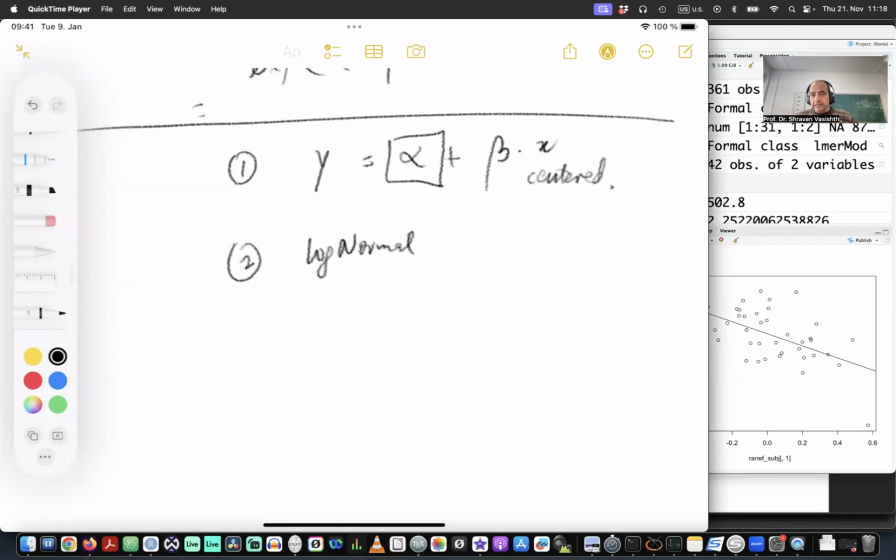And the complication there is that if you take a log normal likelihood, I'm just writing it like this, but you know exactly what I mean, right? Because if I write log normal and I write alpha plus beta times x plus epsilon, let me rewrite this, sorry.